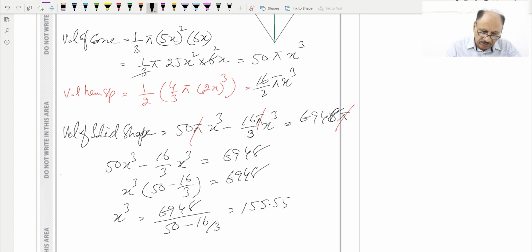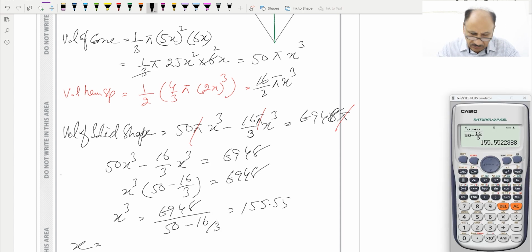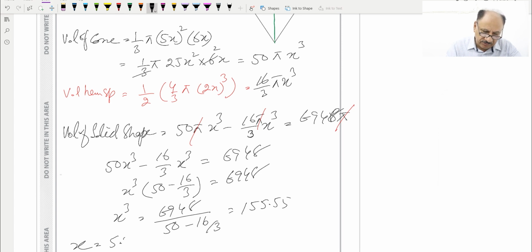Now for the x value, we take the cube root of this, and the cube root of the answer will be 5.378. This is the x value which we calculated.